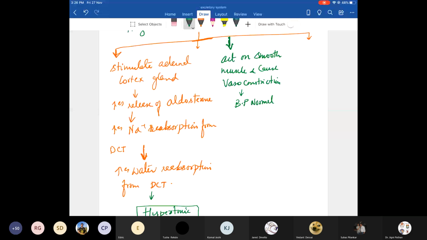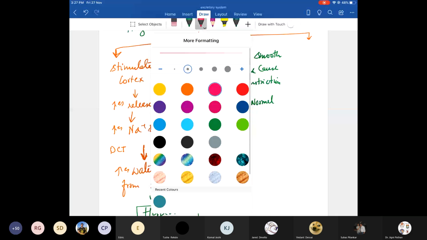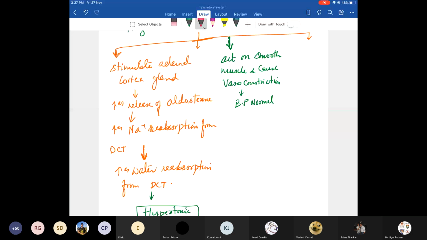The third is it will stimulate the hypothalamus. Hypothalamus has centers for what?